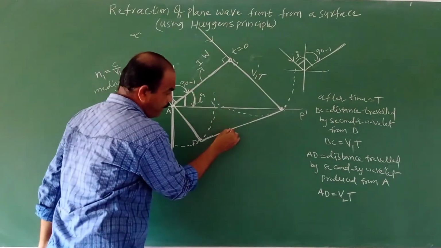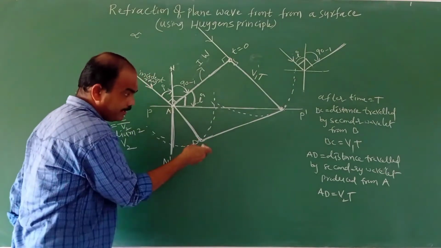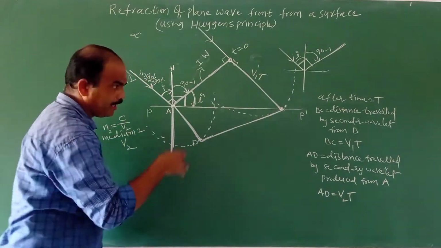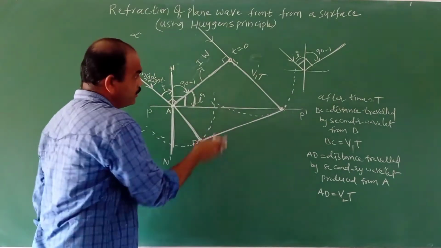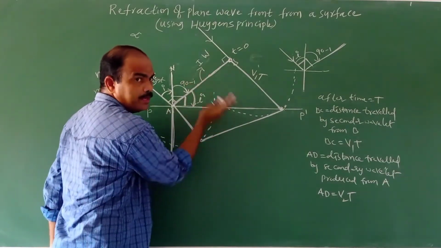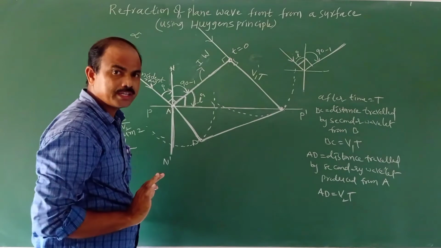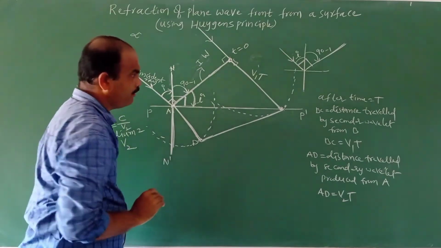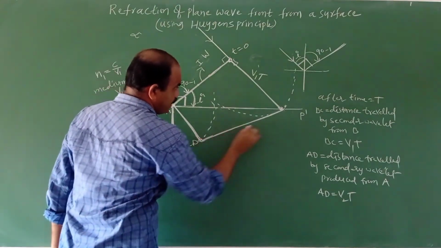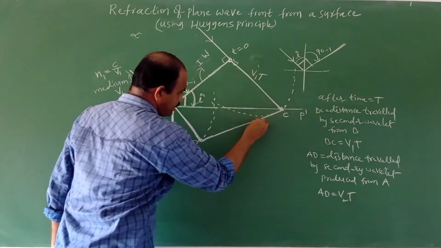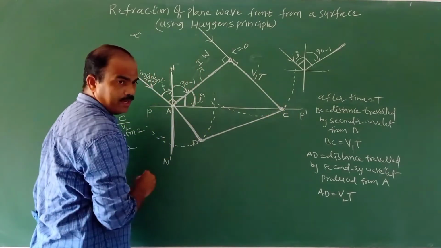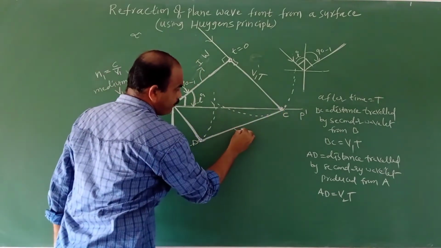The new wavefront is in the second medium. So this plane wavefront enters into the next medium, which is known as refraction. So this CD is our new wavefront, called the refracted wavefront.